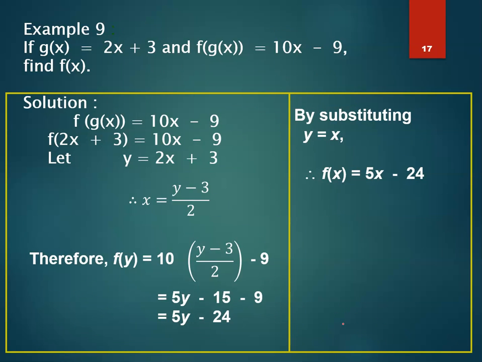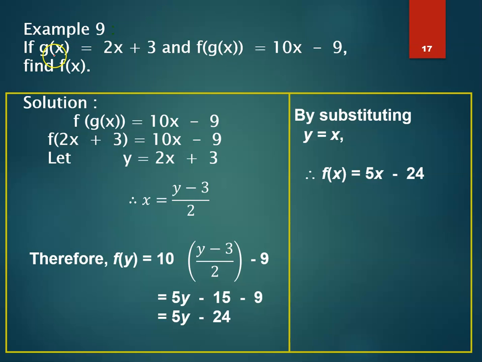And example 9. For example 9, we have function g, this one, and the composite function of f and g. So now you're going to find f(x). It's the other way. Previously you had f and g and needed to find the composite function.